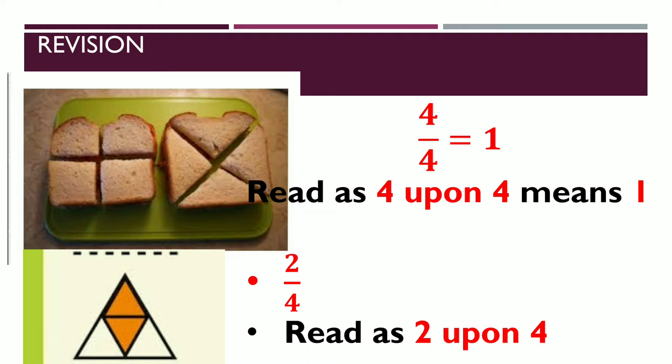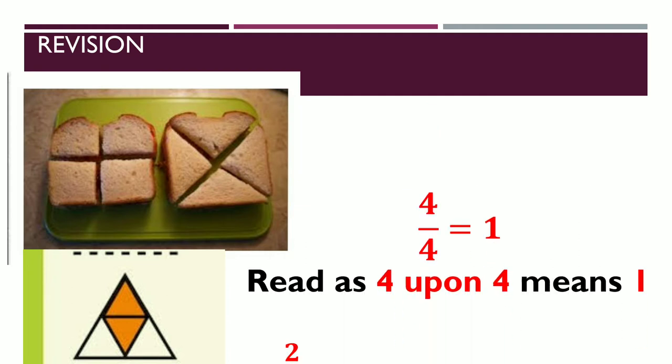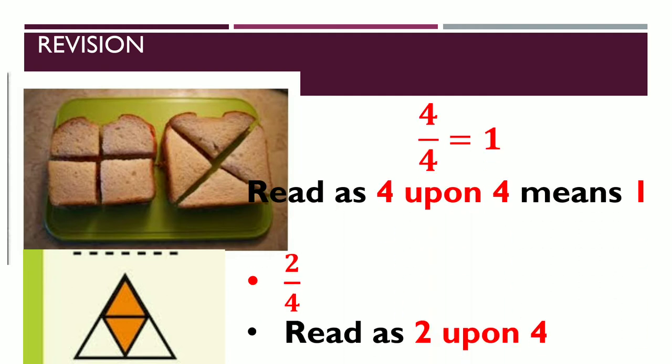Triangle is divided into 4 equal parts, but 2 parts are colored. These 2 parts are shown as 2 upon 4. 4 upon 4 means whole, 1.